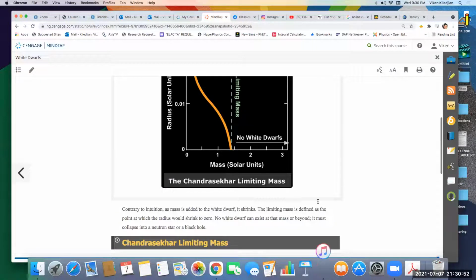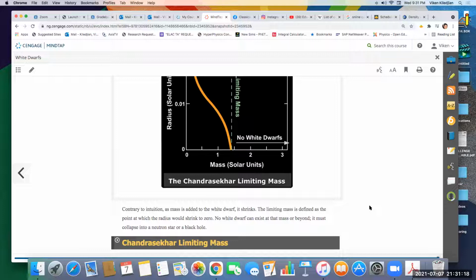You see? So if I add more mass to the white dwarf, it might collapse even more, and then it will turn into a neutron star or a black hole. But of course, in real life, white dwarfs will not turn into neutron stars. They will just die away eventually, and they will turn into what's known as a black dwarf.